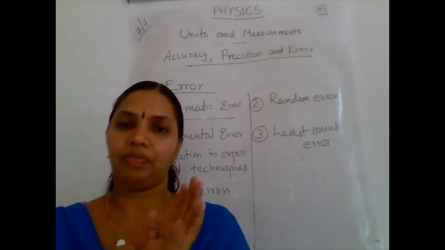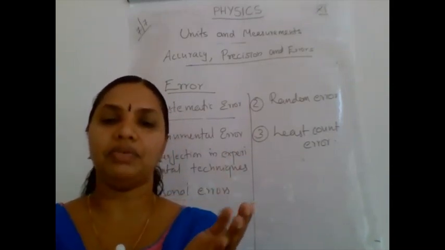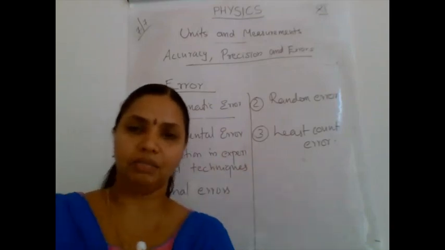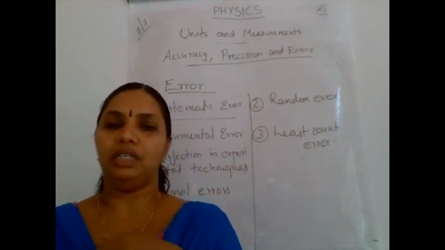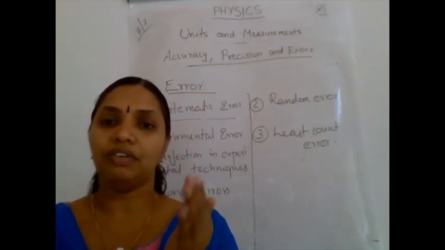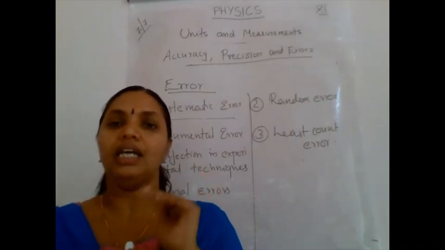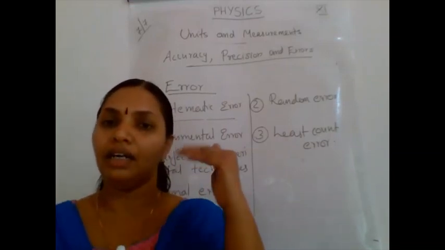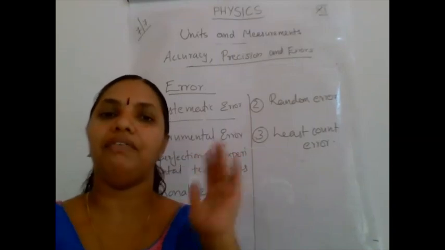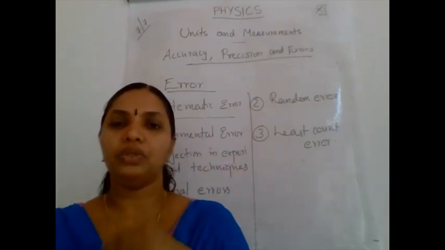By some imperfection it may have shifted, below the 0 or above the 0. If you have not noticed that, it will cause an error in the measurement every time. So that is known as the instrumental error.